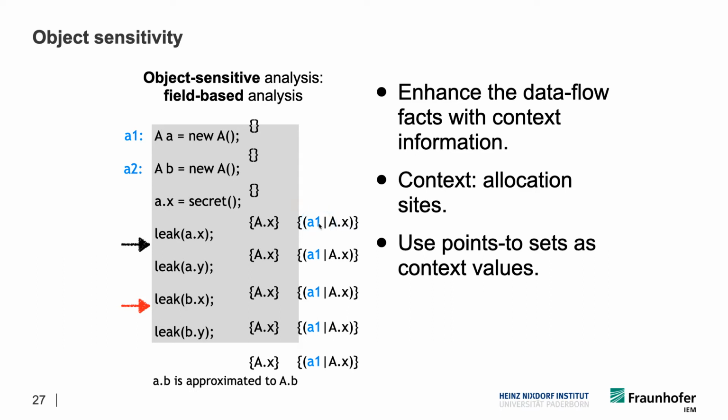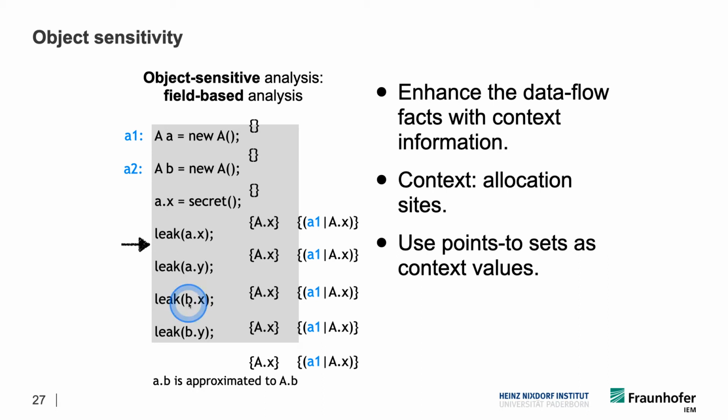Why does this help us? Now, if we propagate this further, then you will see the following. This here will go away. So we will no longer have a false warning here. Why is that? Well, when we now get this piece of analysis information at this program statement, we simply know that this relates only to objects allocated at A1. But now we can again use a points-to analysis to compute the points-to set of the owner object B in this case.